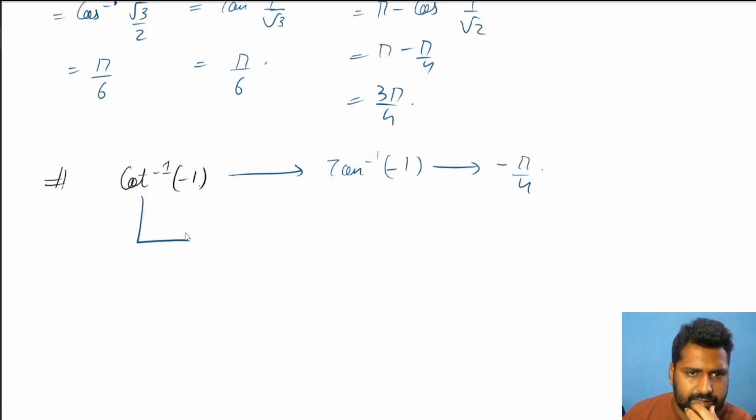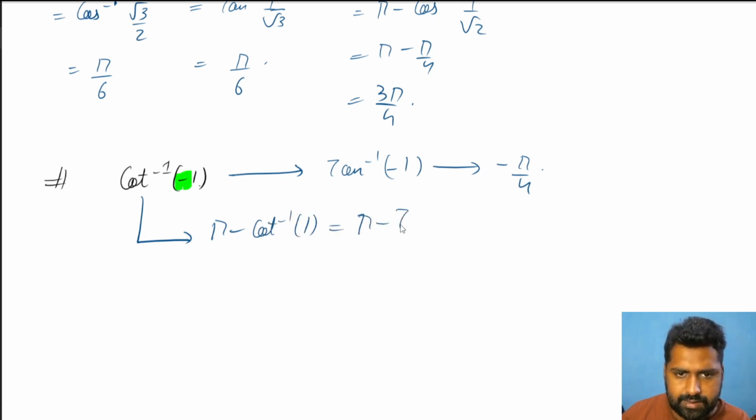Another student solves like this: because cot inverse of a negative is there, and cot inverse, cos inverse and sec inverse all have answers in 0 to pi, what we have to do is pi minus cot inverse of the positive value. That means pi minus tan inverse, I can rewrite this as 1 upon 1, reciprocal of 1 is also 1.